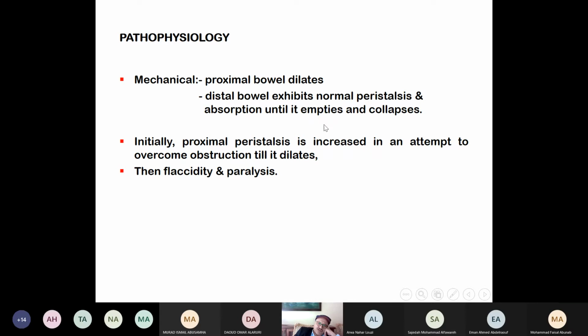What is the importance of this? If there is a patient who is obstructed and he is no more having bowel sounds, you should not be happy. On the contrary, this is grave, because it means that the bowel is ischemic and perhaps dead.